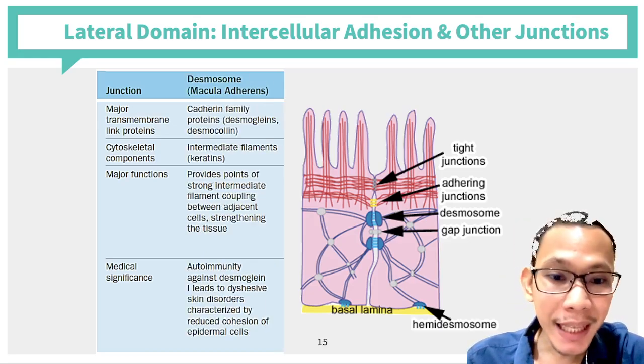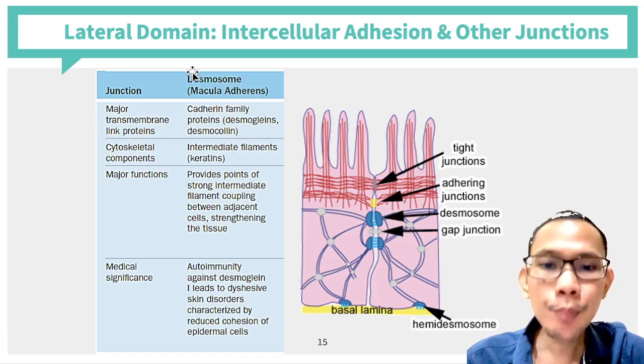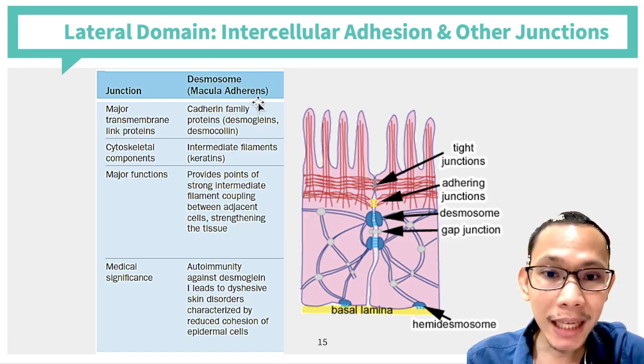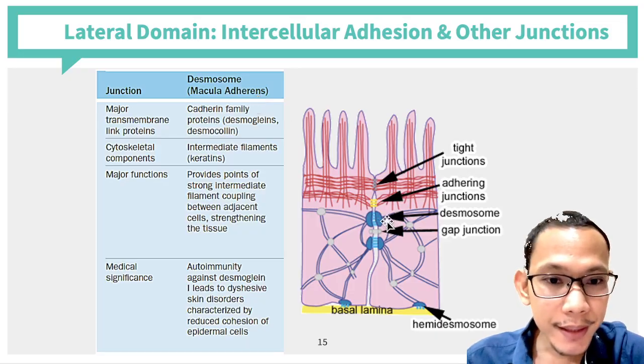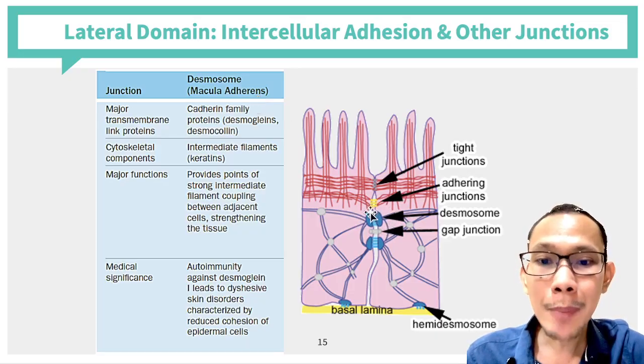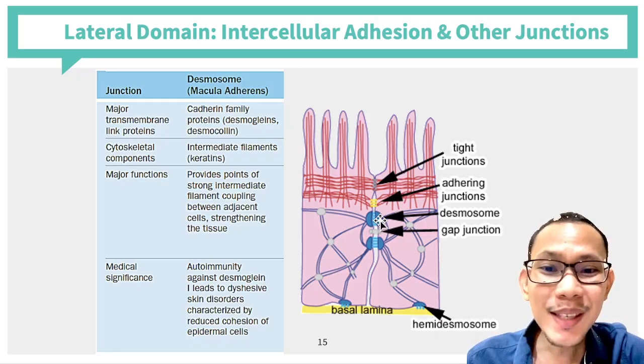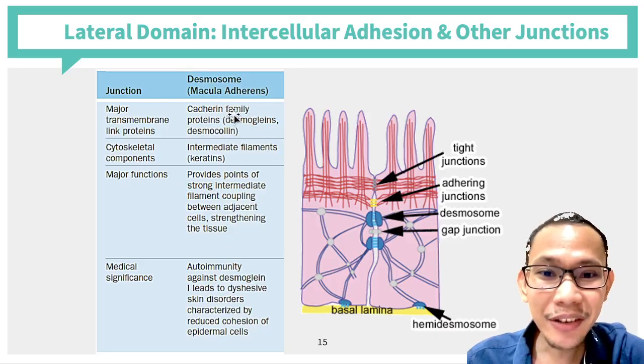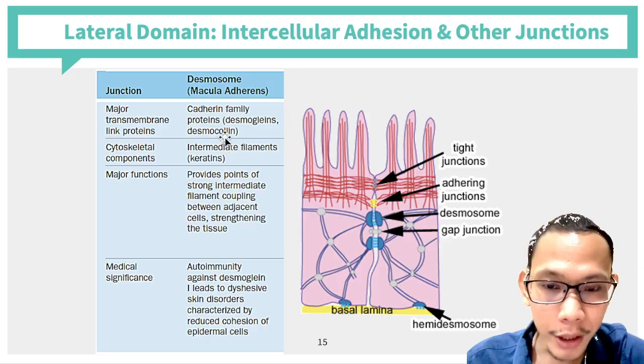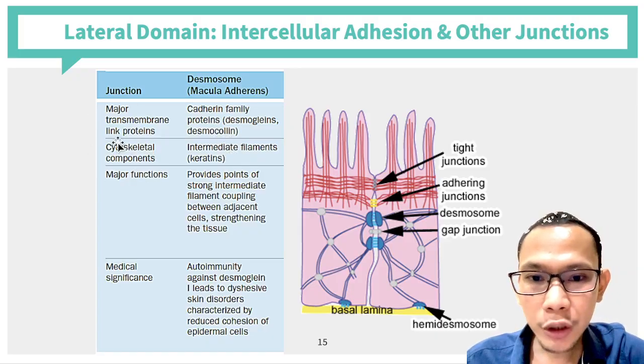Next, we have your desmosome. Your desmosome, or what we term as your macula adherens. This part here, this is now your desmosome or your macula adherens. What will be the major transmembrane protein? Of course, similar. We have your cadherin family. You have your desmogleins and your desmocollins. Okay? What will be the cytoskeletal components?